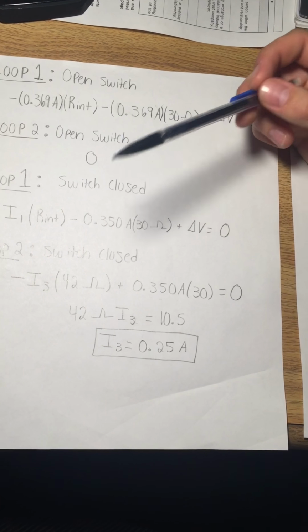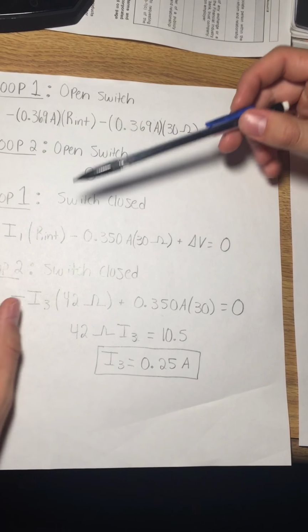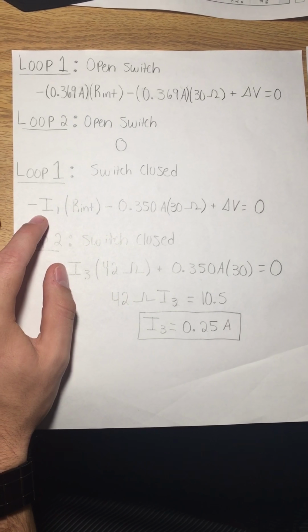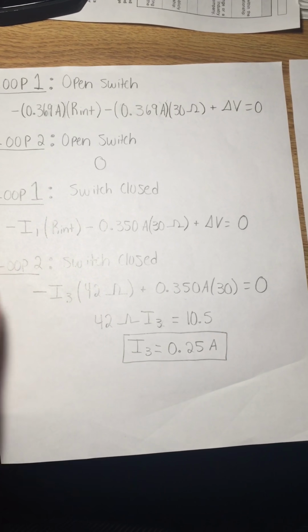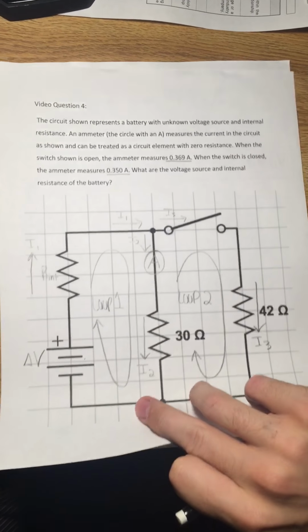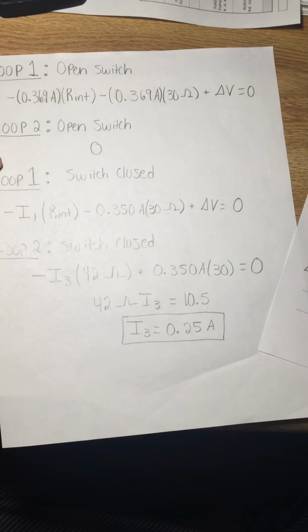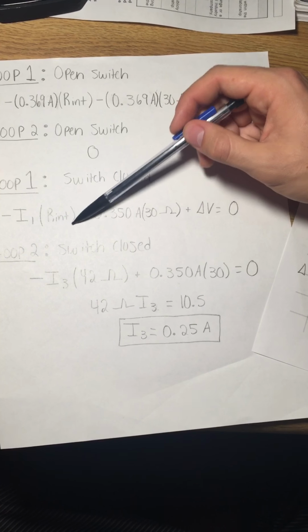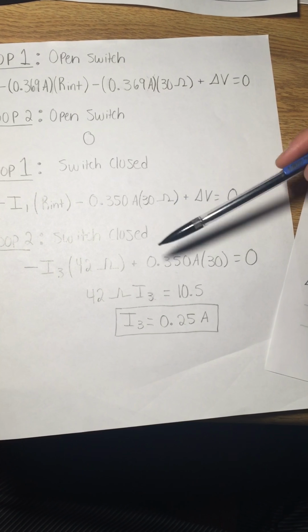Then we also want to account for when the switch is closed. For loop 1 with the switch closed, we don't know what I1 is, because we only know the current at the ammeter. So we have negative I1 multiplied by the internal resistance of the battery, which is still negative because the current is still flowing that way based on our loop.